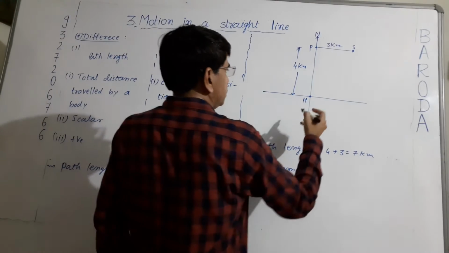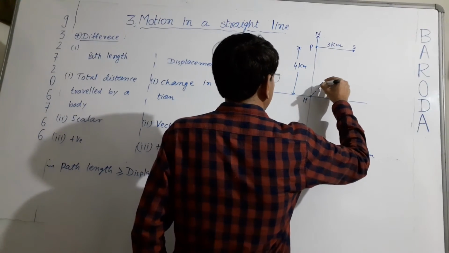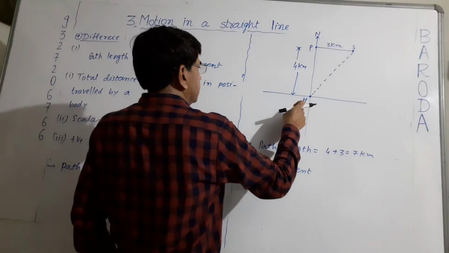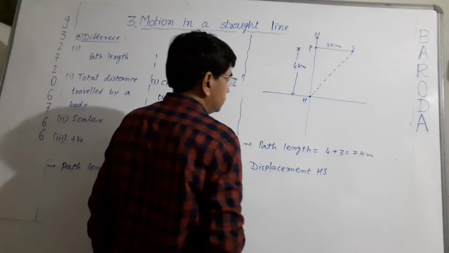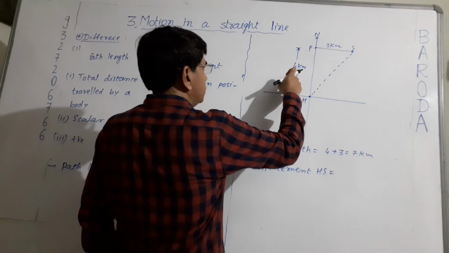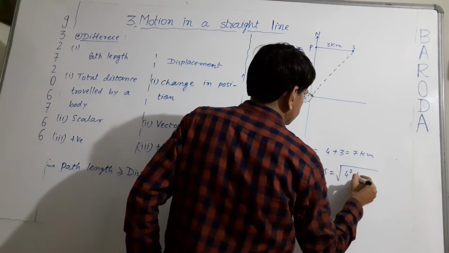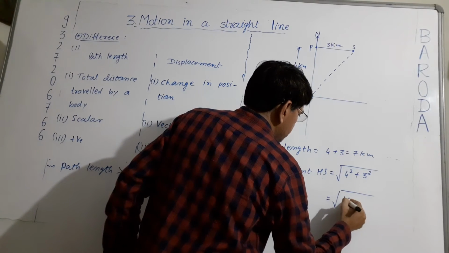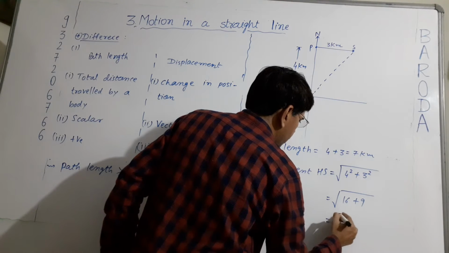Displacement, that is change in position, or we can say shortest path, is home to supermarket. HS equals, according to Pythagoras theorem, square root of 4 squared plus 3 squared, that is 16 plus 9, square root of 25.